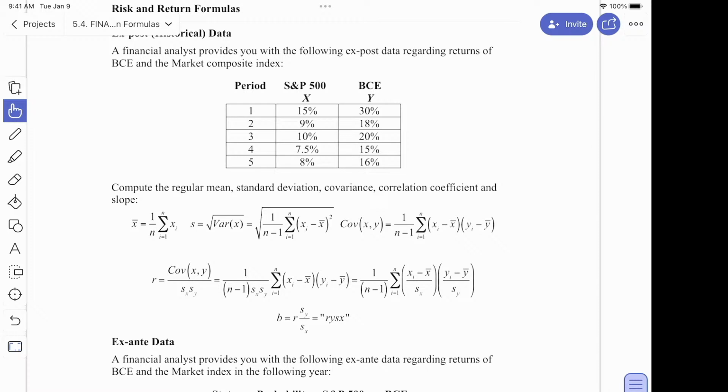So test 2 is going to still be on Tuesday. April 25th, unit 3 and 4.